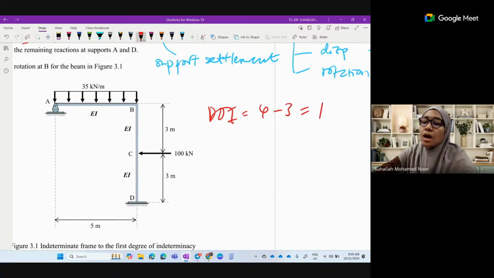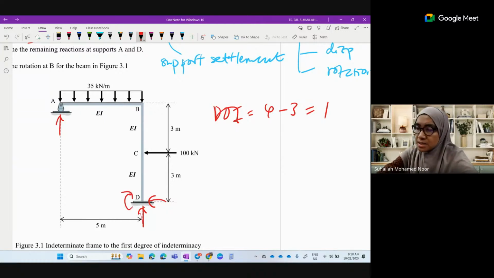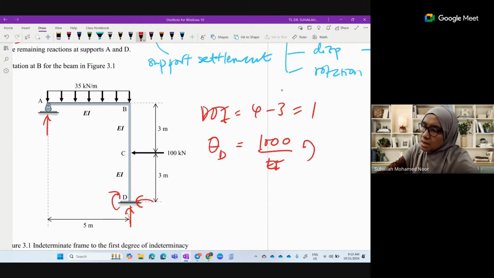There are 4 unknown reactions, and the question mentions support rotation at D is given as 1000 over EI, counterclockwise. This is the given information in the question.